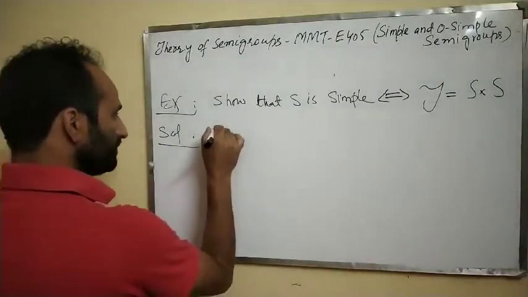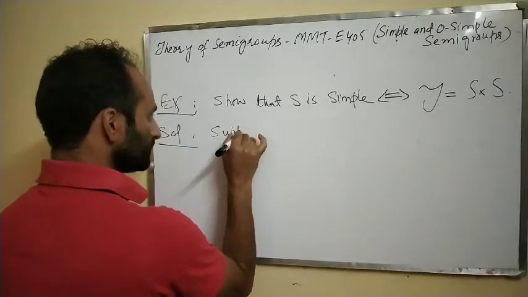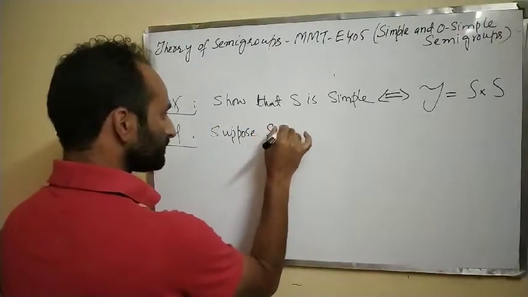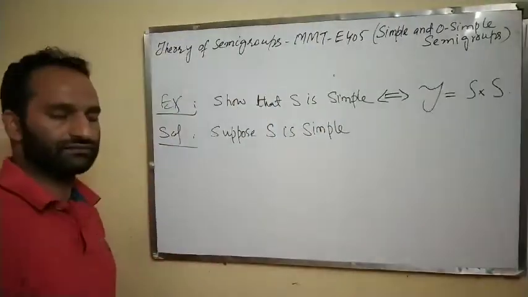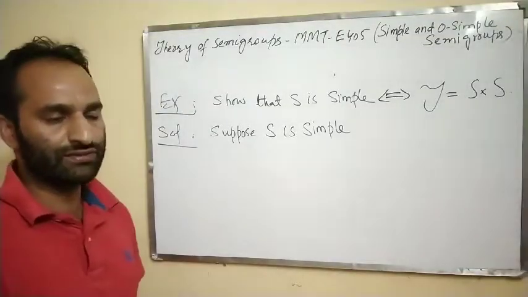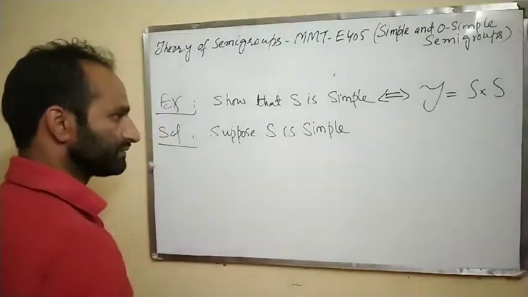Suppose S is simple. We show that any two elements of S are J related.